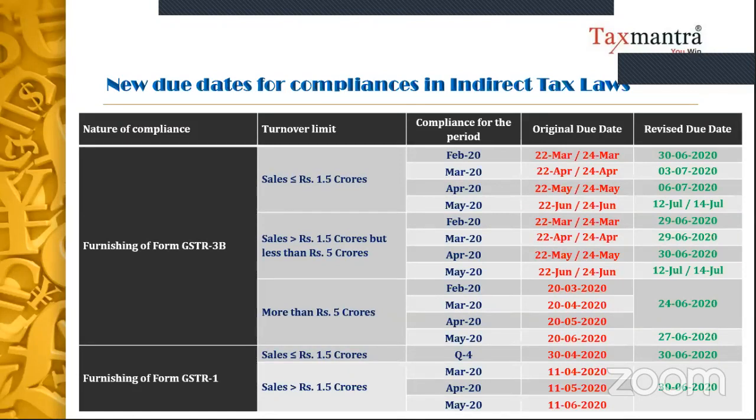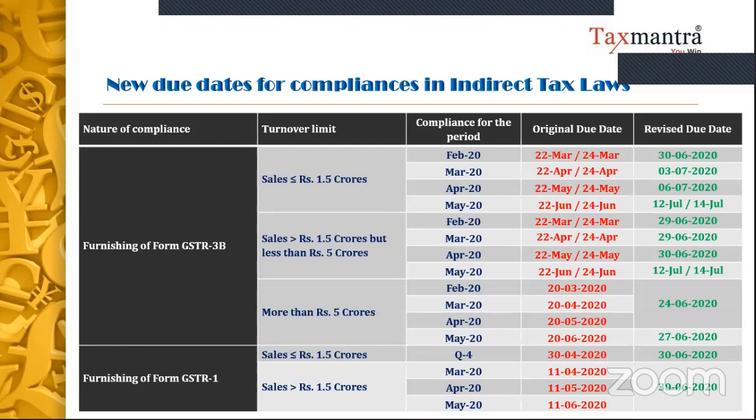Now we are talking about the May compliances, May GST 3B filing, whose due date was 22nd of June or 24th of June. Now it has been extended to the 12th of July or 14th of July based on the states of the taxpayers. In case of more than 5 crore turnover, monthly filing will be there.